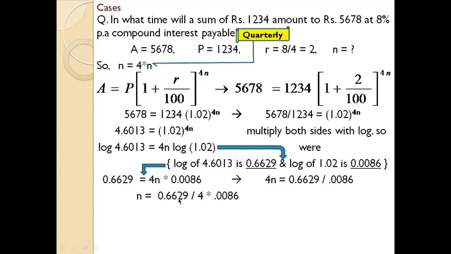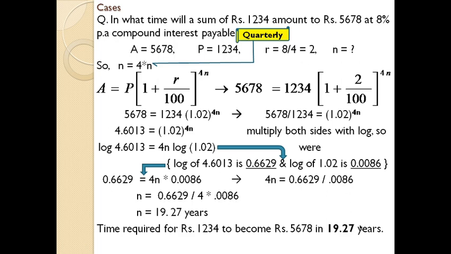So 0.6629 divided by 4 into 0.0086. Finally you will get 19.27. So the time taken to change this amount to this at 8% interest paid quarterly is 19.27 years.